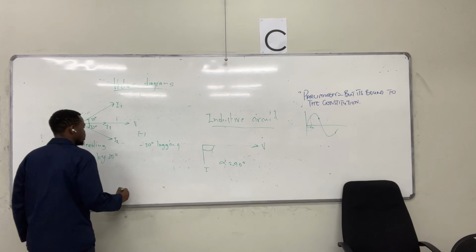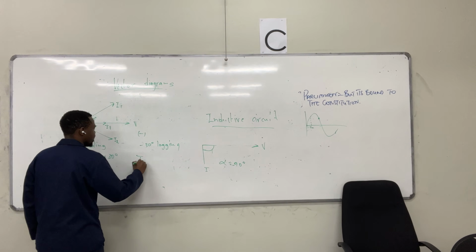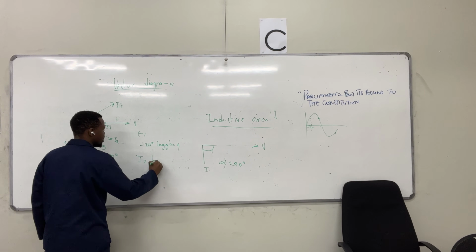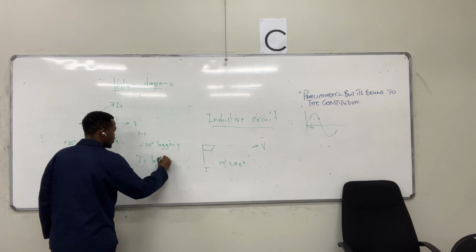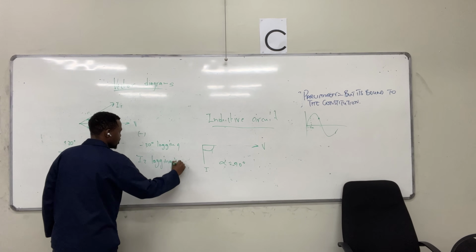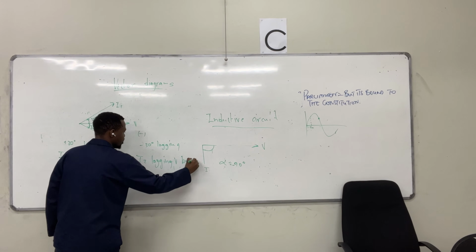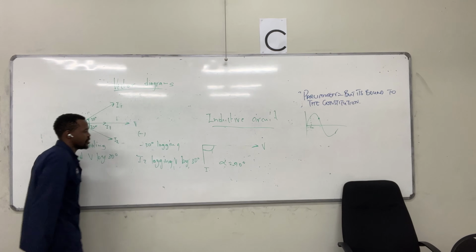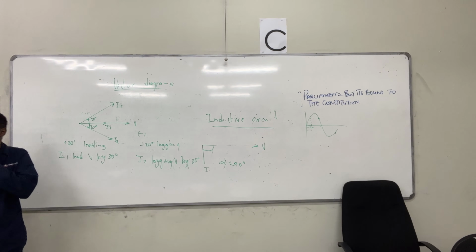So the statement I make is that current I2 lags the voltage by 30 degrees.